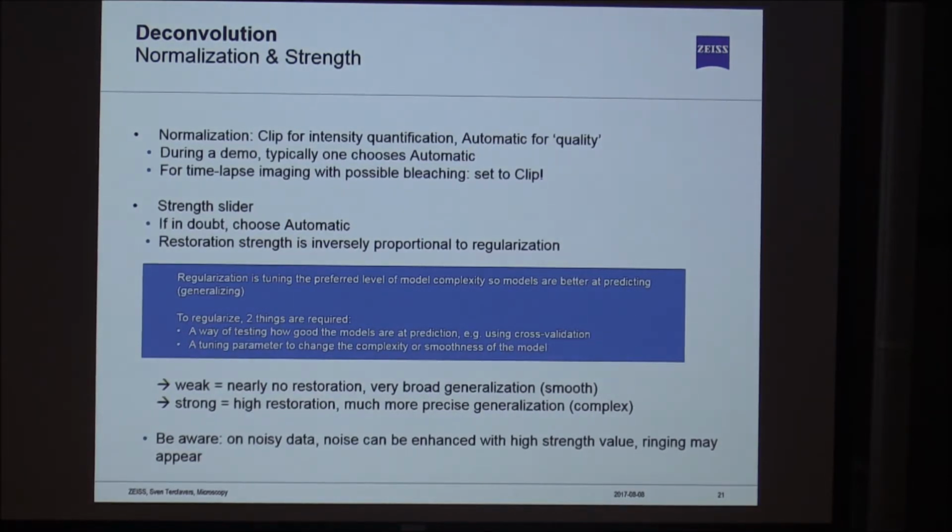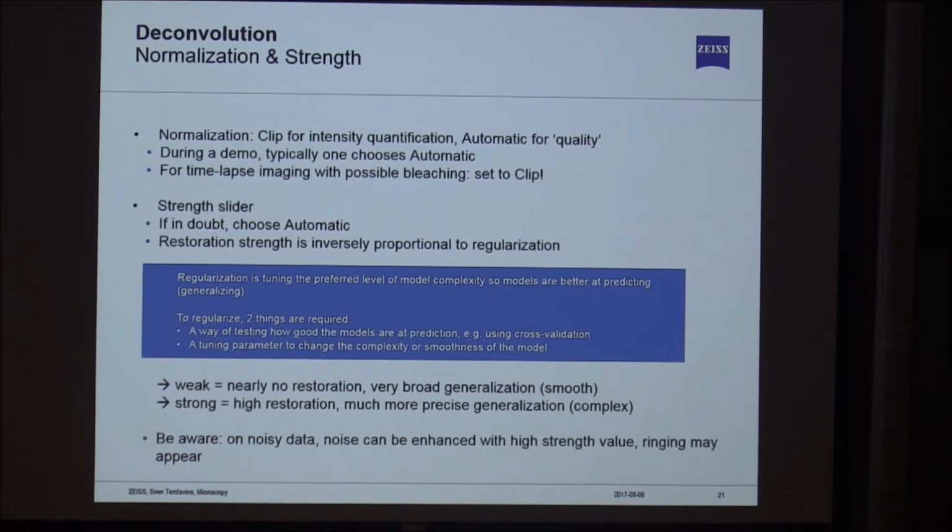Now, deconvolution itself, there are a huge amount of parameters that one can set in our deconvolution module. First of all, it starts off with normalization. You can choose between clip and automatic. Now, automatic is one that I would use for quality.